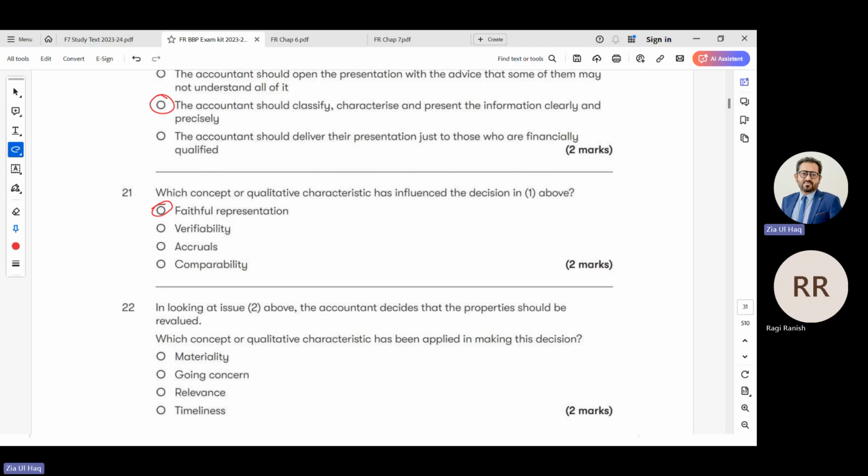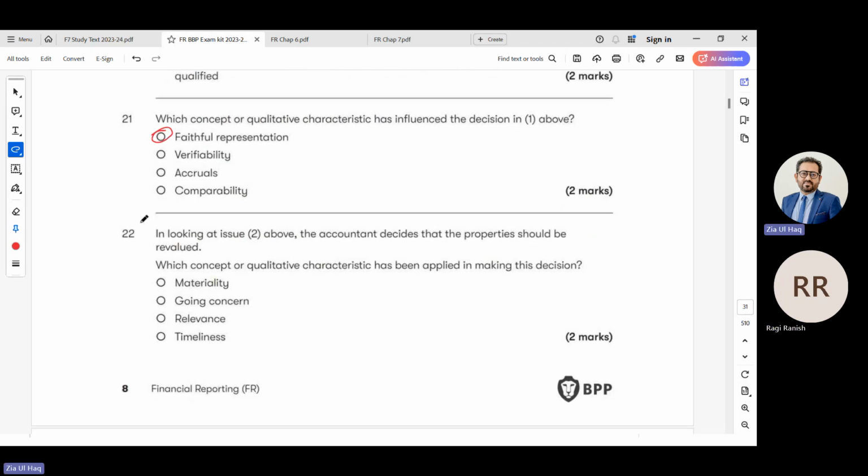22. In looking at issue 2 above, based on the historical cost basis, the company is incurring losses, and the accountant decides that the property should be revalued. Which concept or qualitative characteristic has been applied in making this decision?